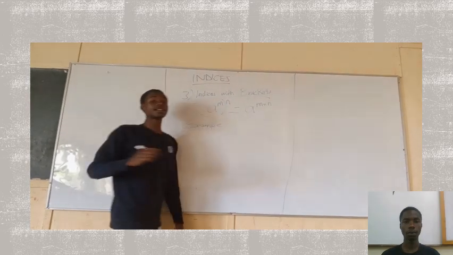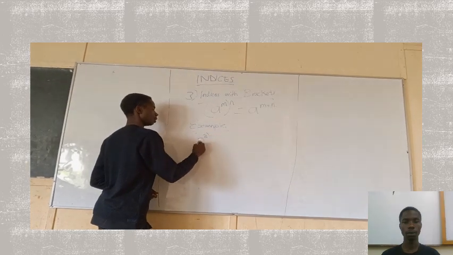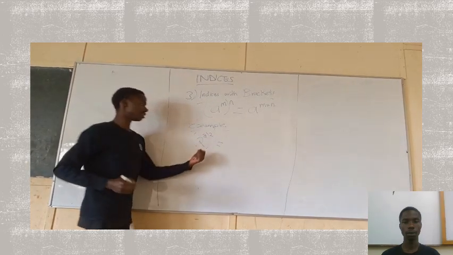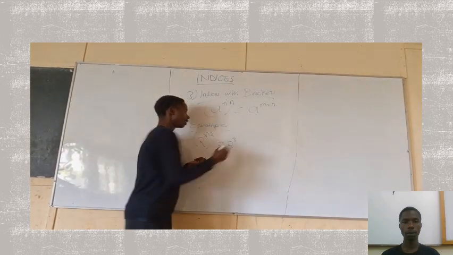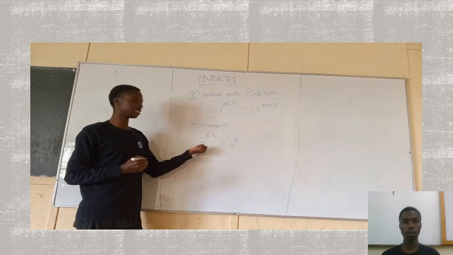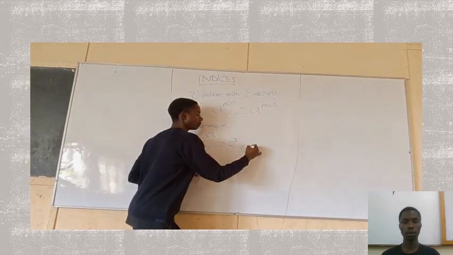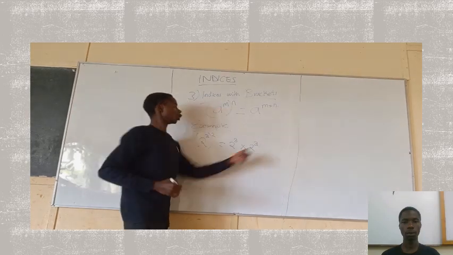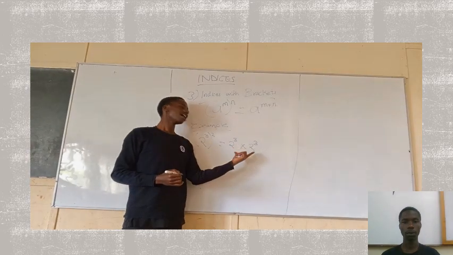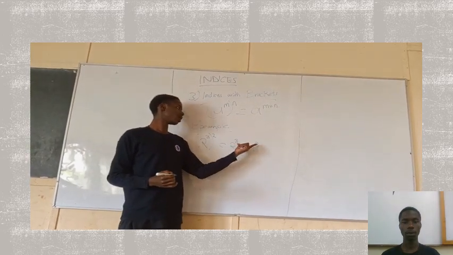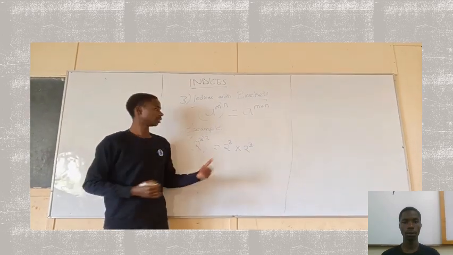You have been given in an exam a question: 2 power 3, squared. What does this show? This shows that 2 power 3 is multiplied by itself 2 times, 2 power 3 multiplied by 2 power 3. Using the law of multiplication, we saw that numbers with the same base raised to powers, when multiplied, means the powers are added.